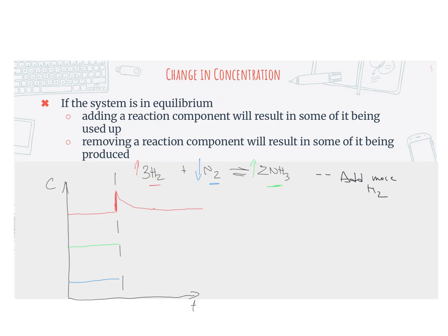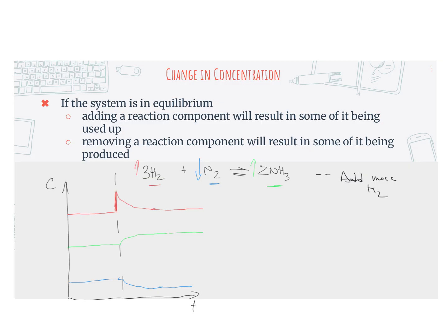Because I'm reacting, my N2 should be slightly decreasing as follows until it reaches equilibrium as well. And then finally, because I've reacted the H2 that I threw in there and I've reacted some N2, my NH3 should slightly increase as follows. And so now I've established this new equilibrium here, where at first I had my equilibrium initial concentrations.